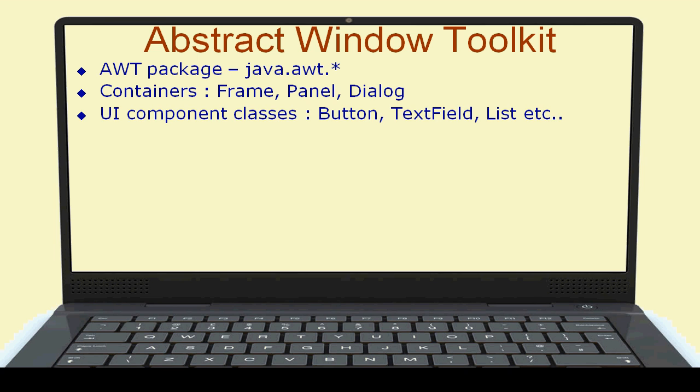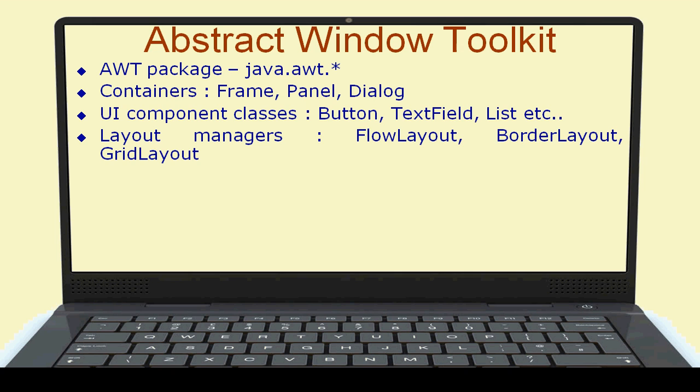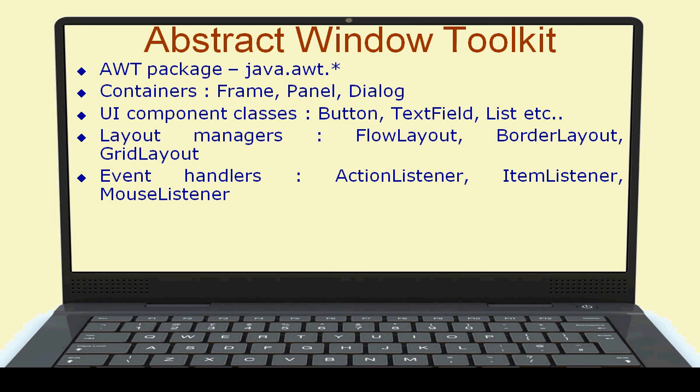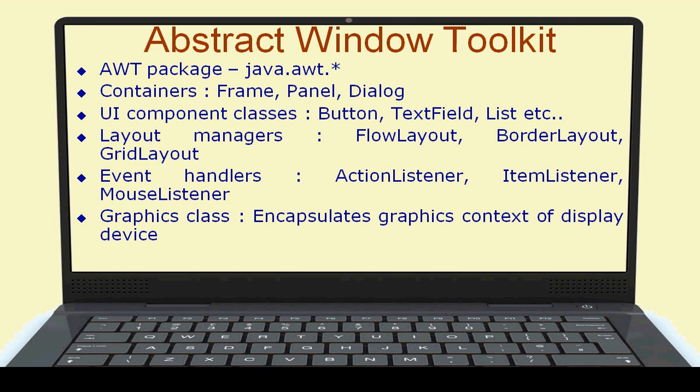There are classes to construct different UI components like button, text field, list, etc. There are layout managers to place these user interface elements in the containers in a proper order. Then there are event handlers like action listener, item listener, mouse listener, and so on. These event handlers will be discussed in the next section, event handling.